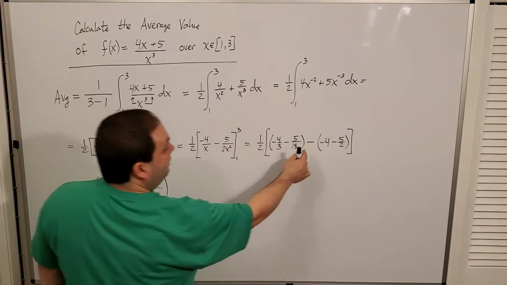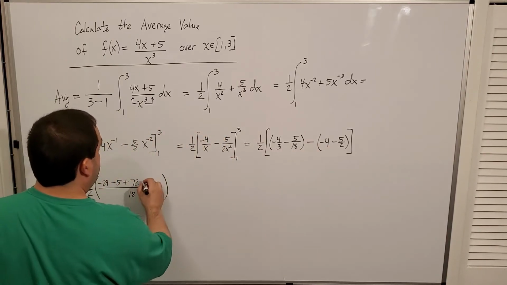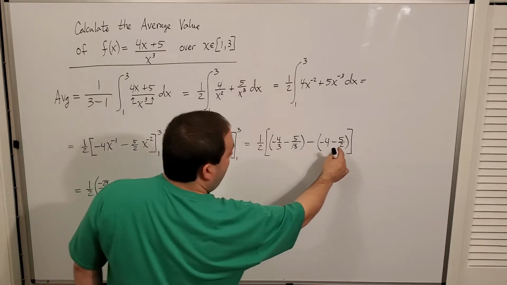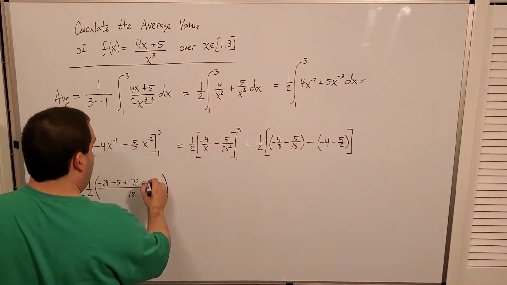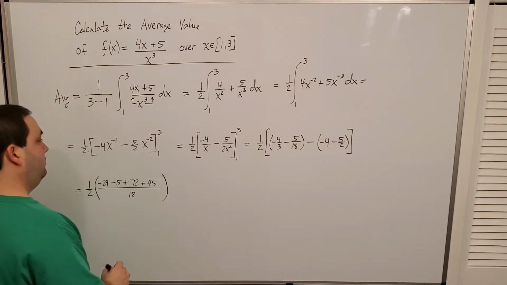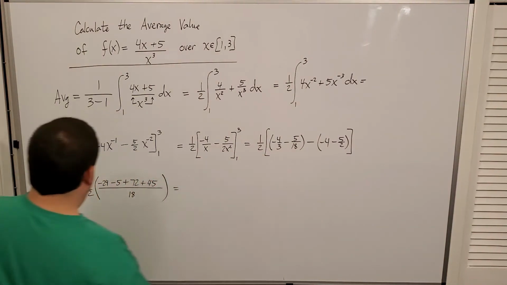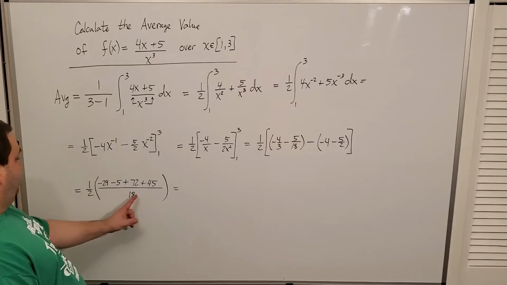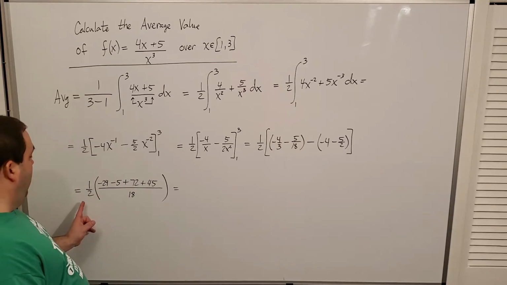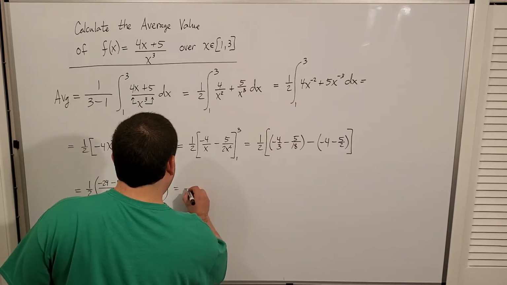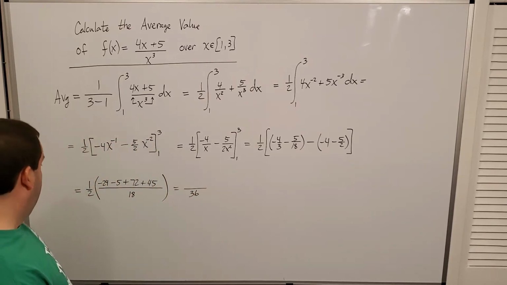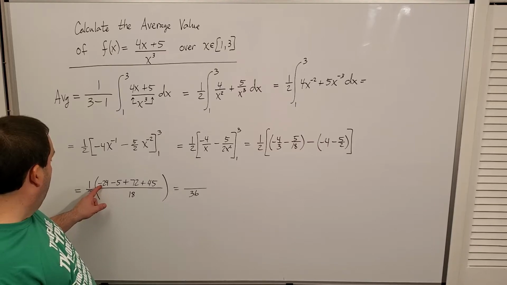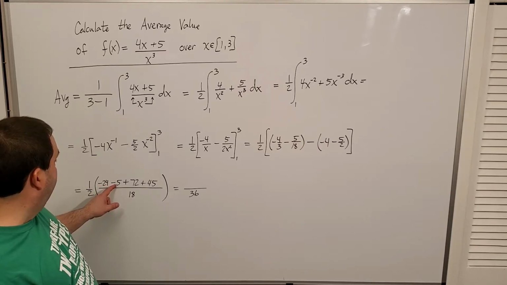Double negative again, right? So plus, and then times 9 to get to 18, so that'll be 45. Here, now I can do the multiplication in the bottom since they're singular, right? My denominator is going to be 36. And then I've got negative 24 minus 5, which is negative 29.